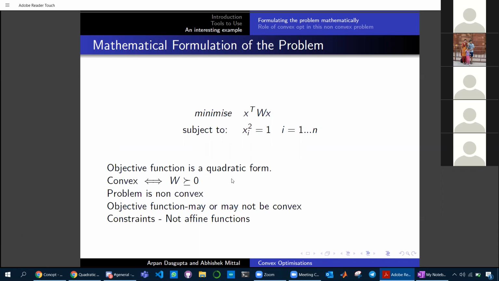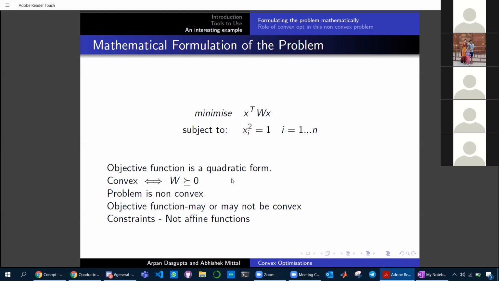Now let's discuss the convexity of the objective function. A quadratic form is only convex if its Hessian is positive semi-definite, as was mentioned as a property. If the function is twice differentiable, its Hessian has to be positive semi-definite for the entire function to be convex.